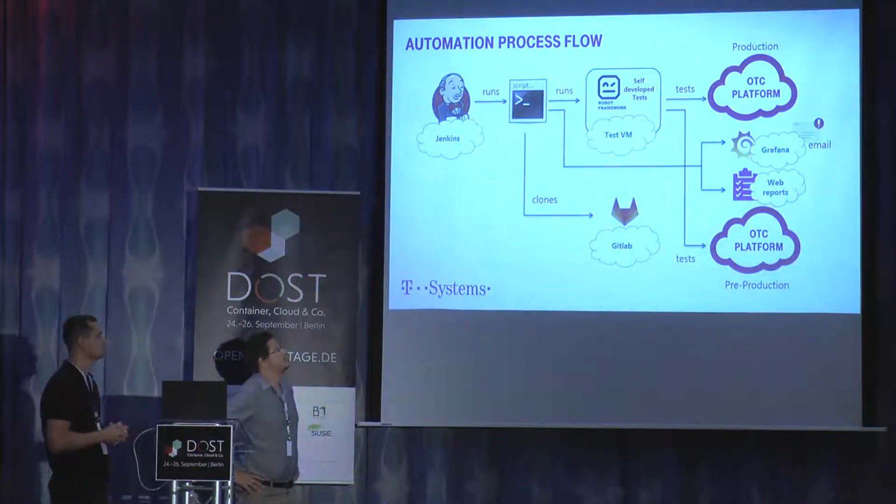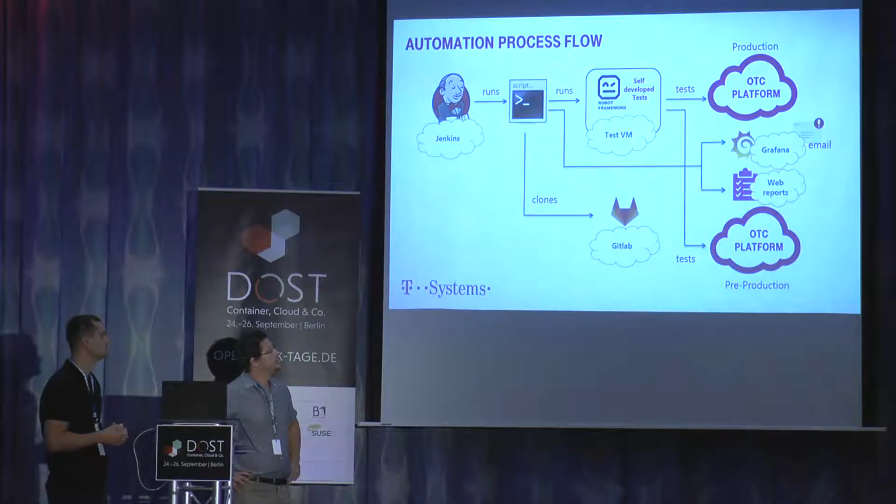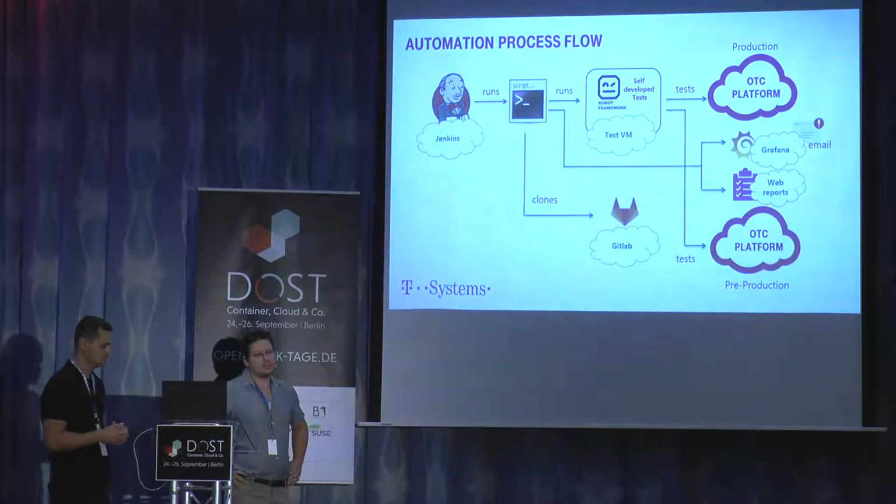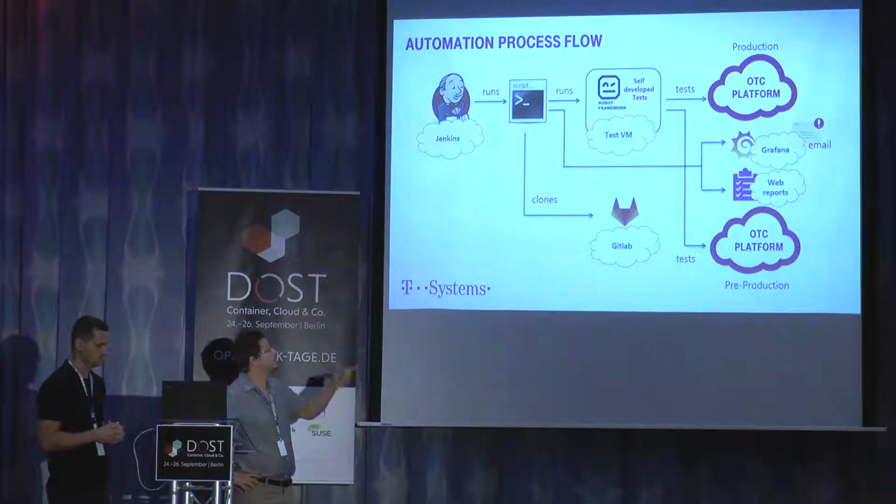From the test case process flow, the test case starts in Jenkins. Jenkins schedules or triggers a job, which then calls the wrapper script, and this wrapper script fetches the latest scenarios from GitLab.